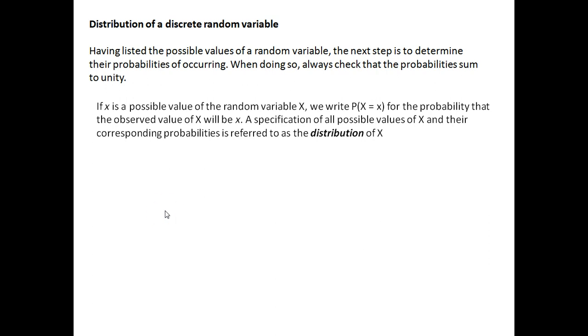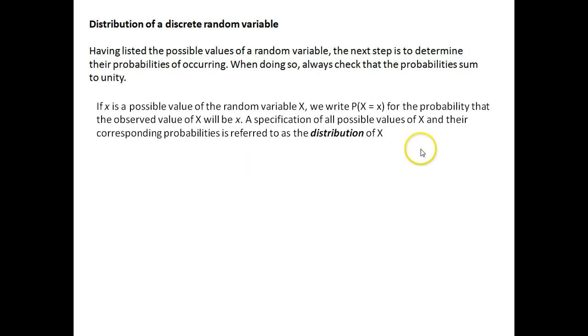If little x is a possible value of a random variable big X, we write the probability of big X equal to little x for the probability that the observed value of capital X will be little x.